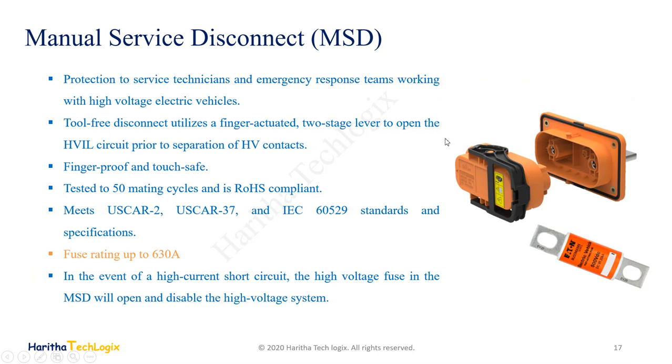The high voltage battery packs are generally fitted with the manual service disconnect, mounted over the battery pack. And the high voltage fuses we saw are basically placed inside this high voltage manual service disconnect.